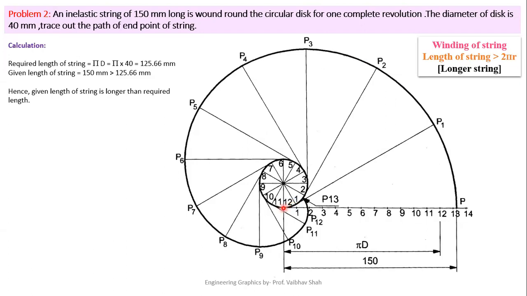So this is 0, this is 1, point 2 is here, then 3, 4, 5, 6, 7, 8, 9, 10, 11 and 12.